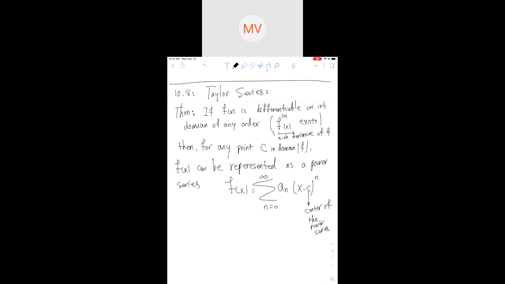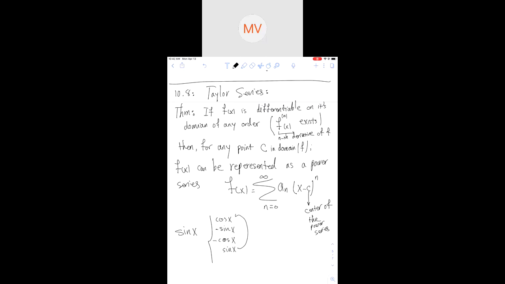Well, if you look at this side, first of all, it's very interesting that you can write a function as a summation of infinite terms. Think about it. Sine of x is differentiable of any order, right? In fact, the derivatives of sine make a loop of four terms. The first one is cosine x, negative sine x, negative cosine x, and then sine x.